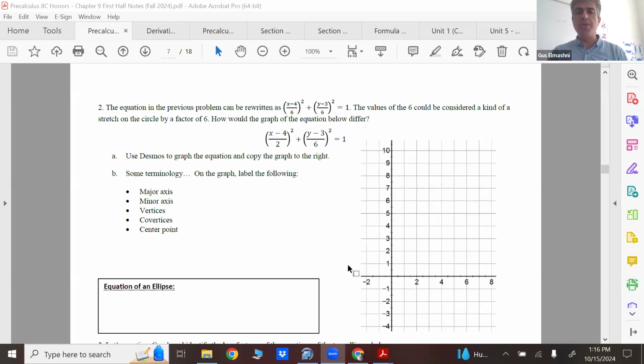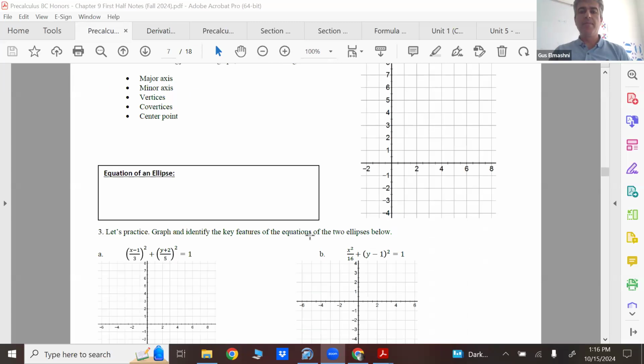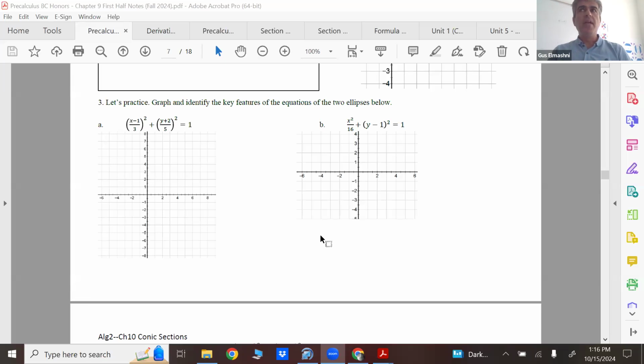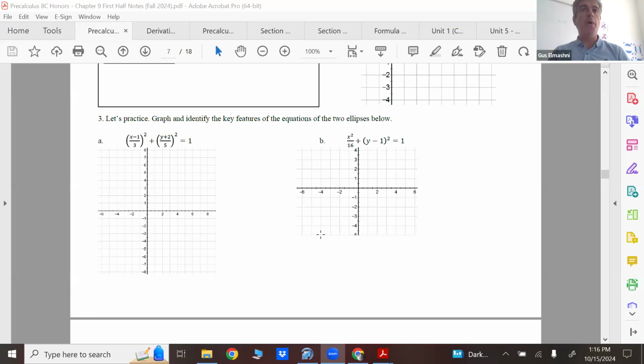So you're going 6 up and 6 down because of the 6 below. For something to be horizontal, you need it the other way around: the denominator of X has to be larger than the denominator of Y. Yeah, exactly. So in that case, your A will now be below X.